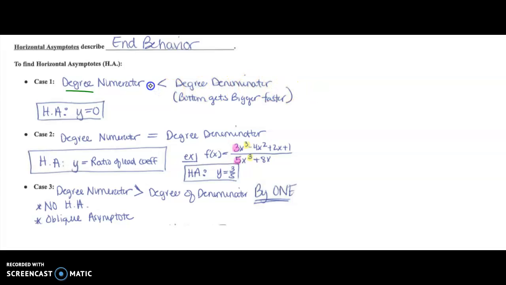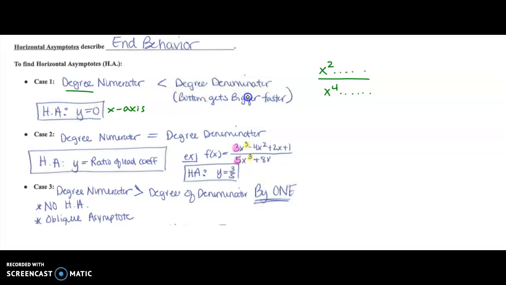If the degree in the numerator, up on top, is less than the degree in the denominator, then your horizontal asymptote is always going to be y equals 0, meaning it's going to be the x-axis. So if I have something like x squared over x to the 4th, the 2 is less than the 4, so the horizontal asymptote is going to be y equals 0.